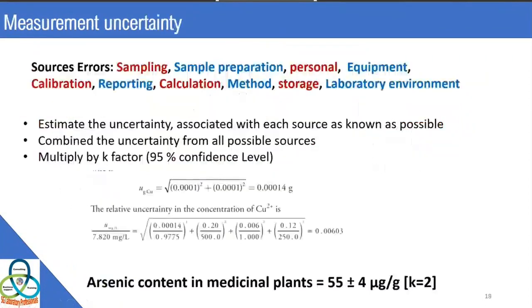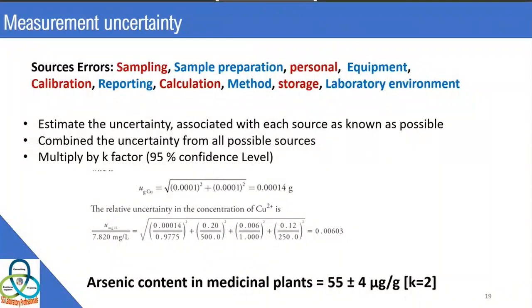When different sources contribute to error in analytical measurements, we need to estimate this to understand how it can be improved. If your laboratory is an accredited laboratory, you have to estimate the combined measurement uncertainty for every test method.